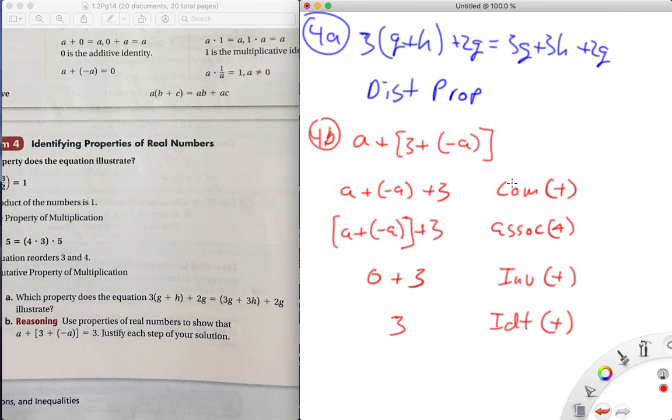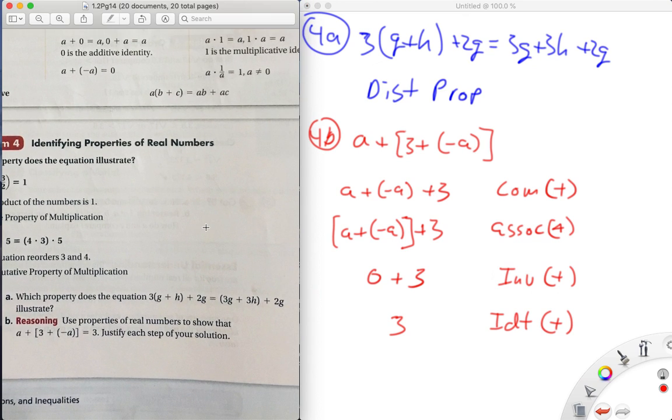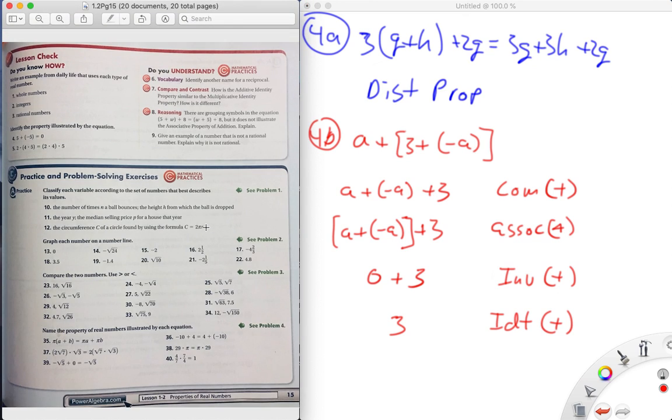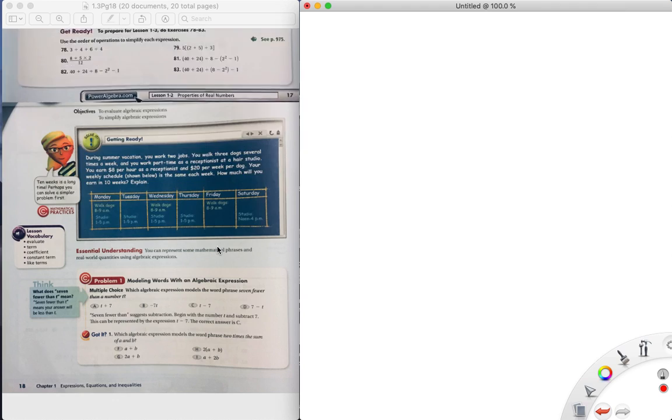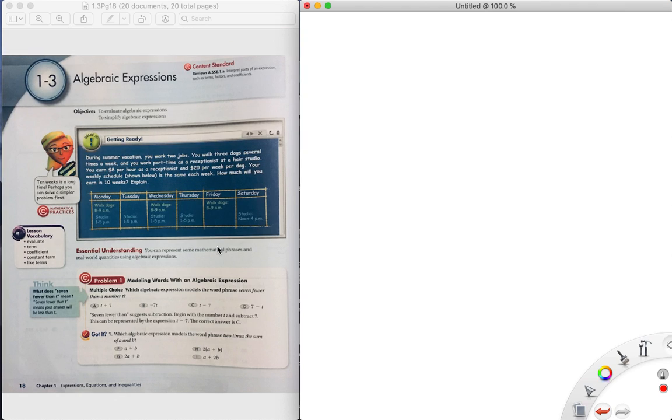And then I'm able to say that 0 plus 3 is 3 because of the additive identity. Okay, and that's section 1-2. Again, I'm going pretty fast, but all of this is pretty straightforward review.